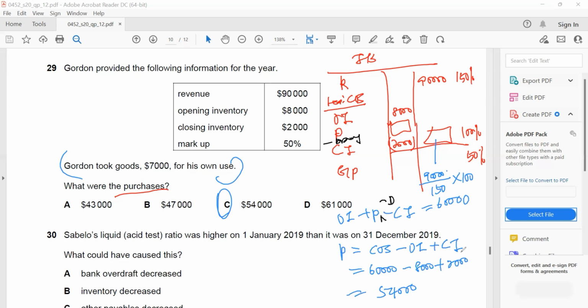Minus drawing, moved to here, becomes plus drawing. So we have to add another 7,000 drawing. So 7,000 plus 54,000, the answer should be 61,000. Sorry, it should be D. Now next, move on.